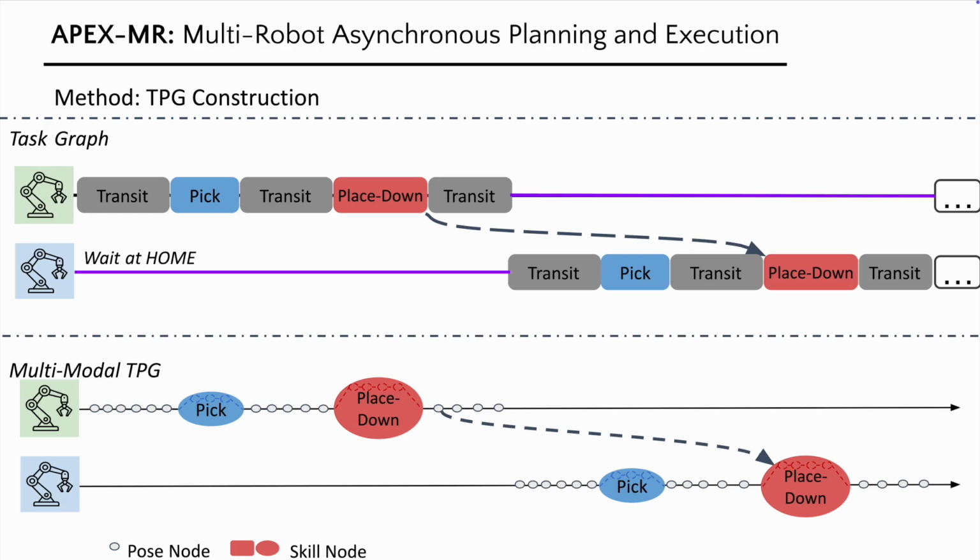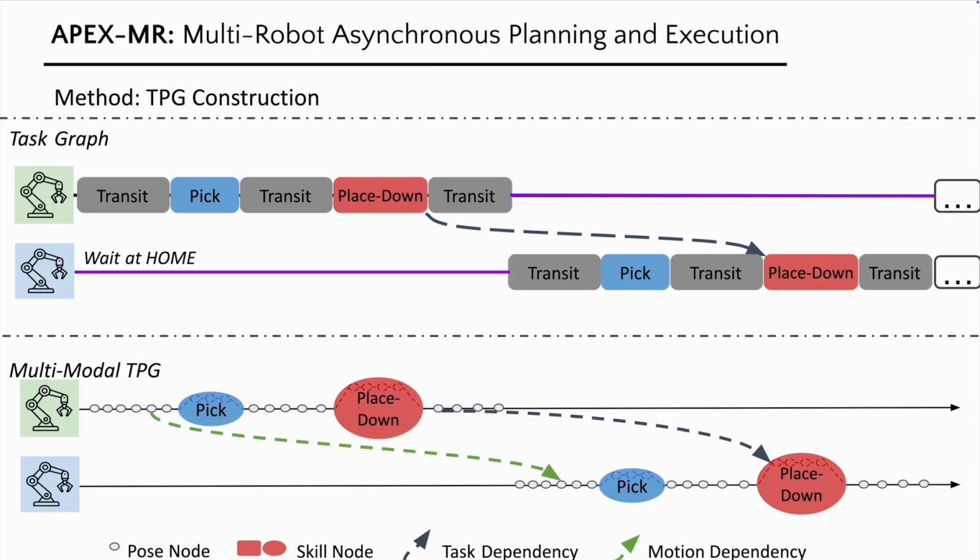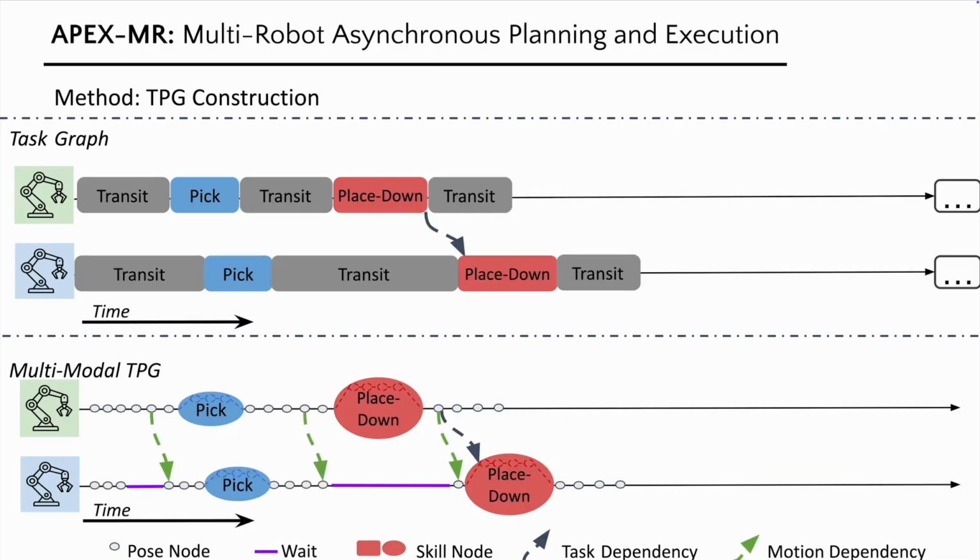We then copy the task dependencies in the task graph as type 2 edges in the TPG to ensure those precedence constraints are still followed. Then, we iterate over all the pose nodes to identify any collisions, and add corresponding motion dependencies. Since TPG is a graph, each robot can schedule the action to execute in parallel and asynchronously, as long as each robot waits for its incoming dependencies to be satisfied.